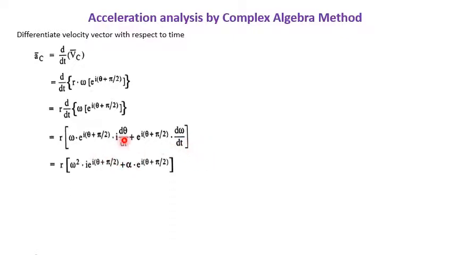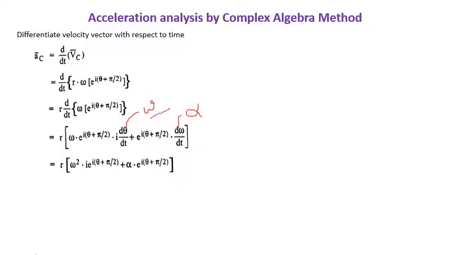Now we are going to substitute the d theta by dt value and d omega by dt value. d theta by dt is nothing but omega, and d omega by dt is alpha.